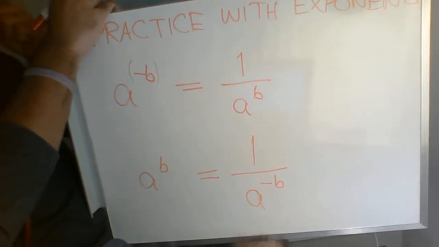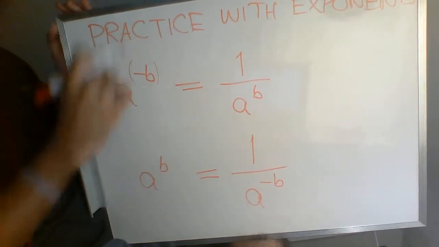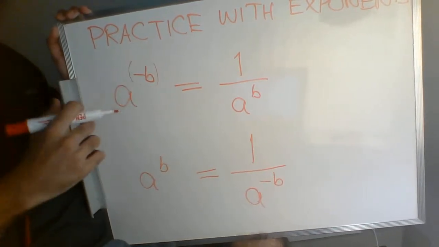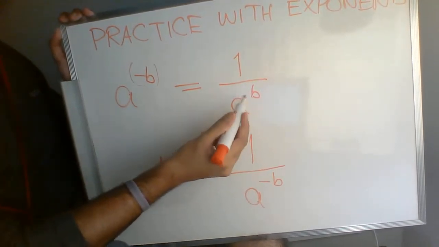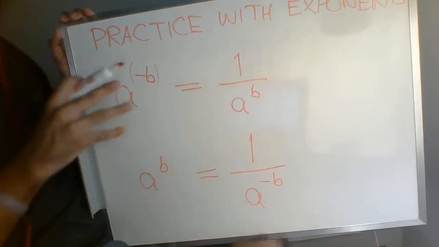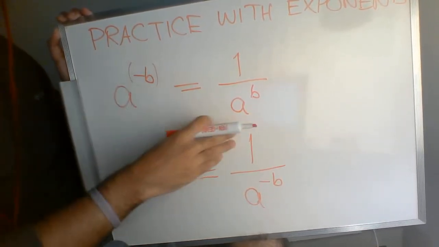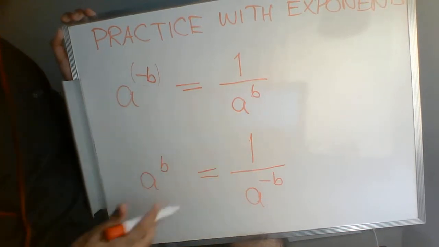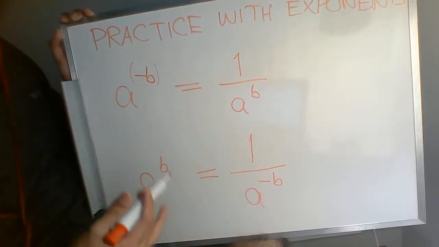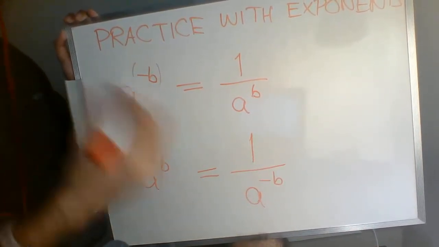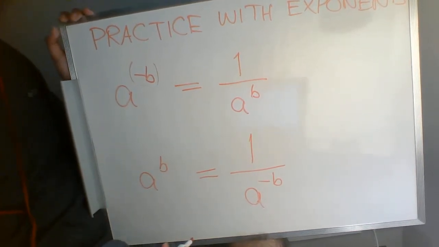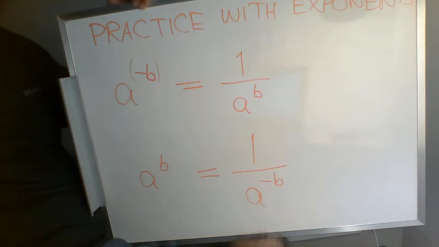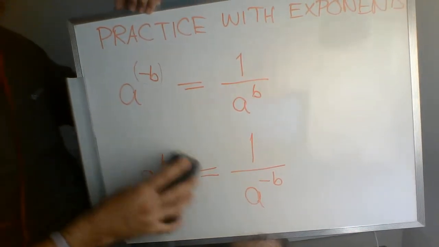So basically, you can take your power here, and you can throw it into the denominator of a fraction, and just change the sign of the exponent. If it was a positive number here, then it'll be a negative number there. If it was a negative number to begin with, then it'll be a positive number once you throw it in the denominator.